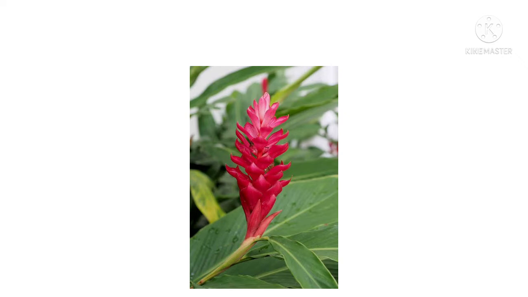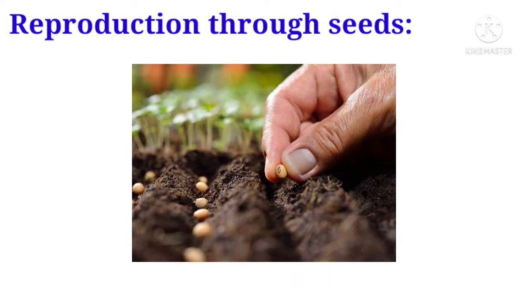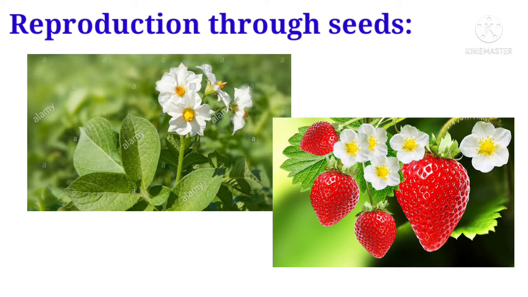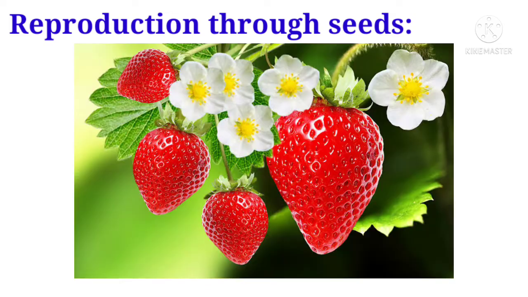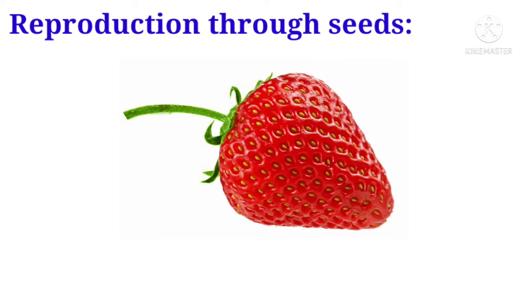Next concept is reproduction through seeds. Plants that bear flowers are called flowering plants. Flower turns into fruits and fruits contain seeds.